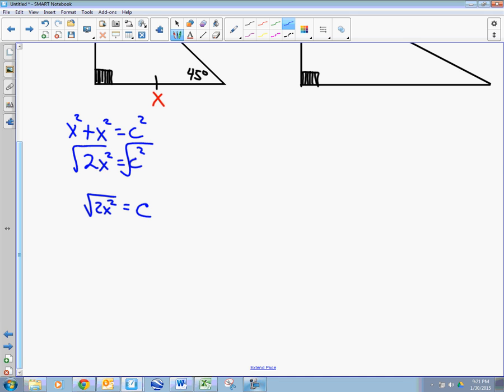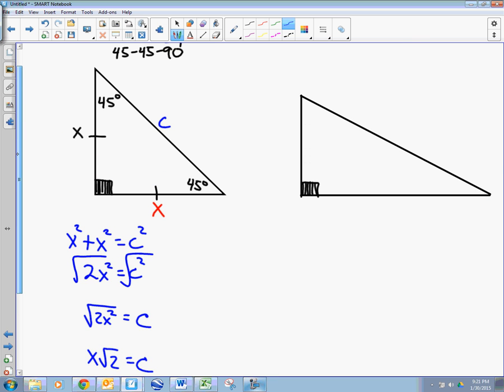Or if you take out the x, you end up with x roots of 2 is equal to c. So therefore, we always know that in a 45, 45, 90, the two legs are the same, but then the hypotenuse is equal to whatever this side is, x, multiplied by the root of 2.